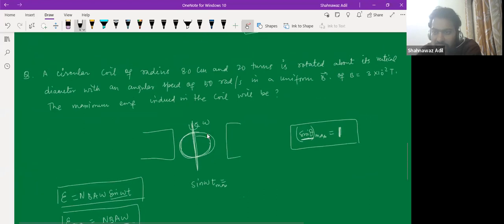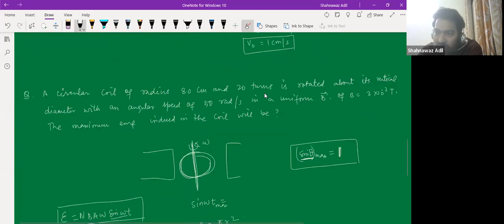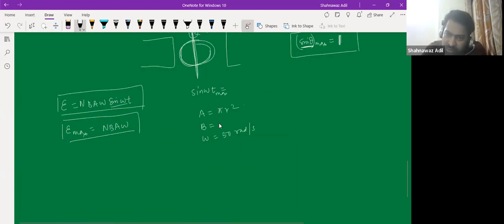Omega is 50 radian per second, B is 3 into 10 to the power minus 2, and N is 20 turns.